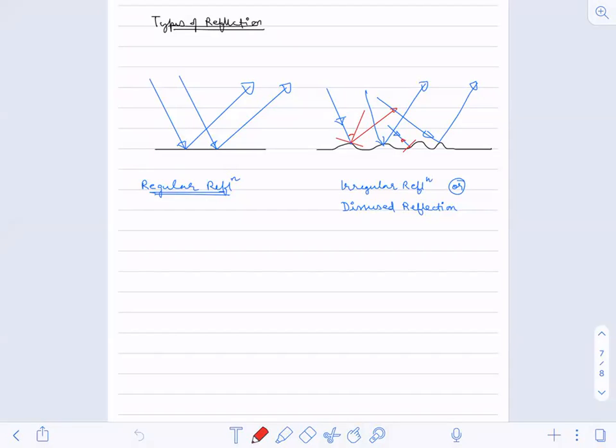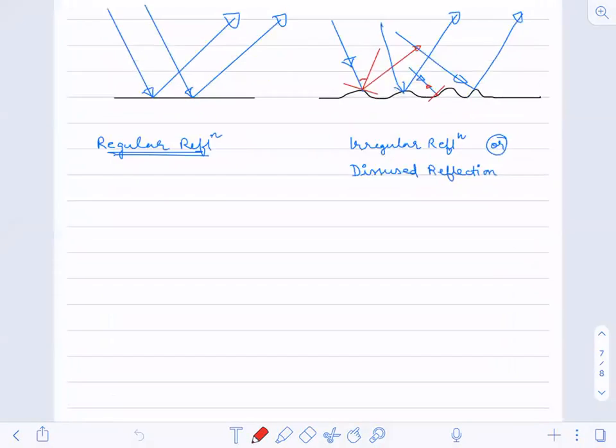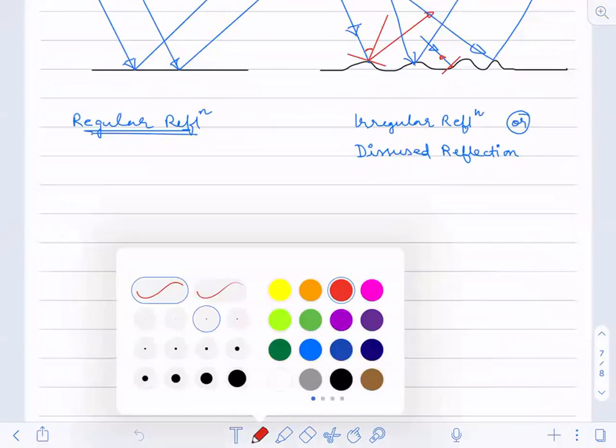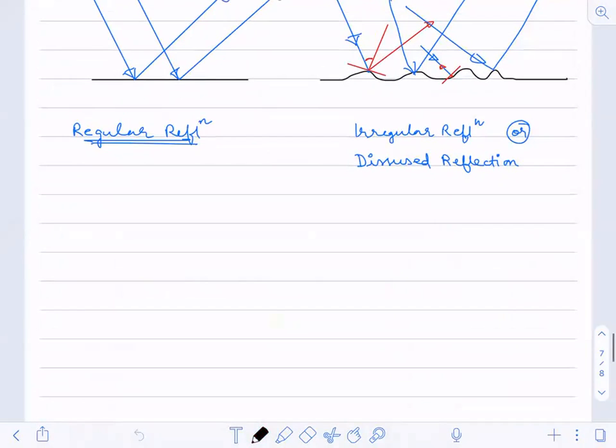So in the last class we have seen the laws of reflection. Now we are going to see plane mirrors. So what is this plane mirror actually?